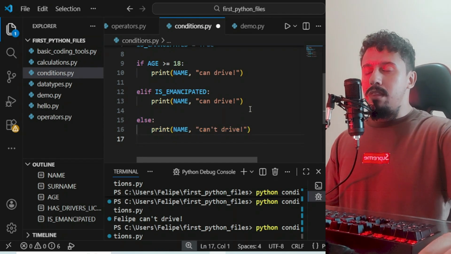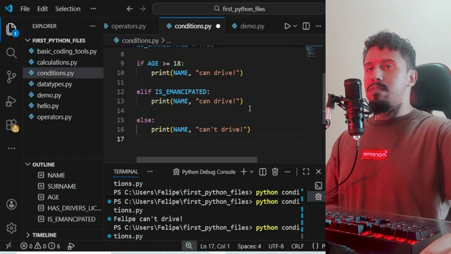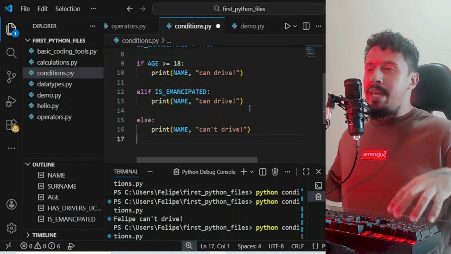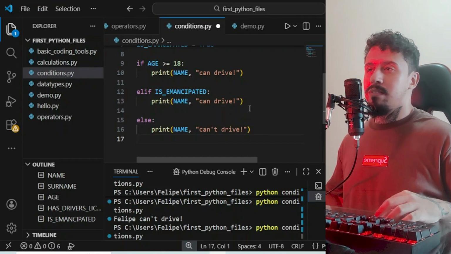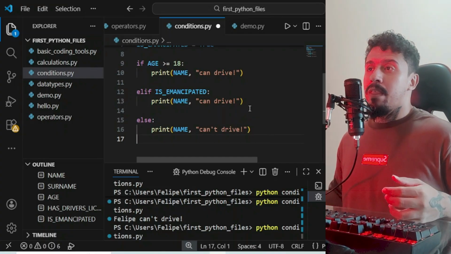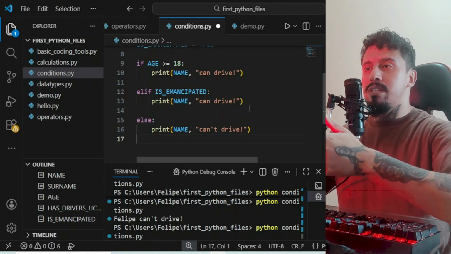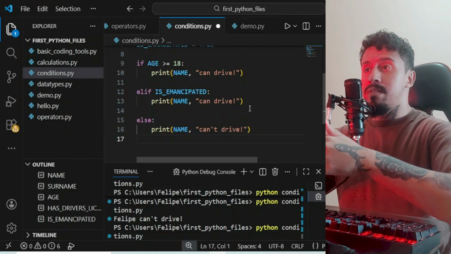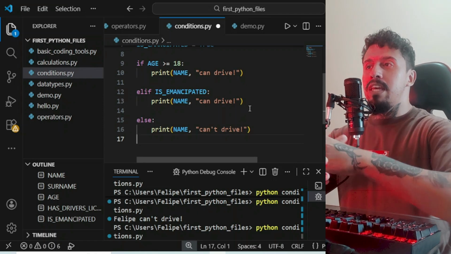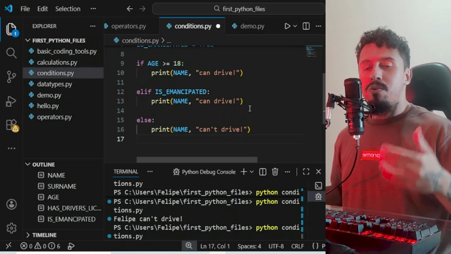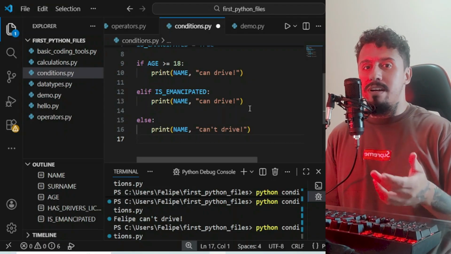But this is one of the situations where we don't make a good decision based only on one comparison, right? For example, the person can be older than 18, the person can be emancipated, but what if this person, even being older than 18 and being emancipated, doesn't have a driver's license?